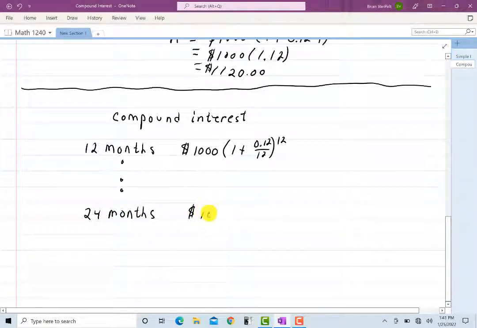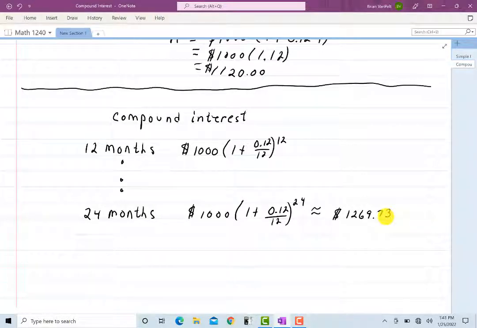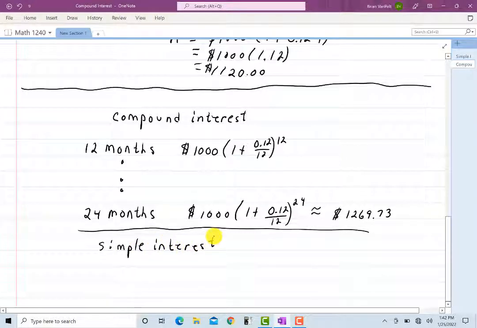We have 1,000 times 1 plus 0.12 divided by 12 to the 24. And let's see how much that is, roughly speaking. Here, I get 1269.73. Now, if we consider that in regards to simple interest, so let me do this. For that, 24 months is 2 years. So the amount that you're going to have in the simple interest case will look like this.